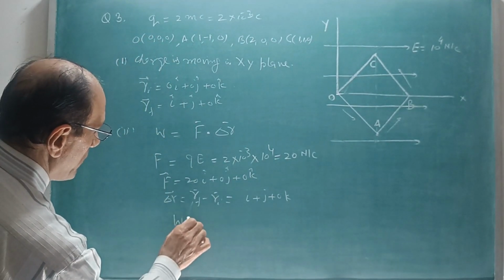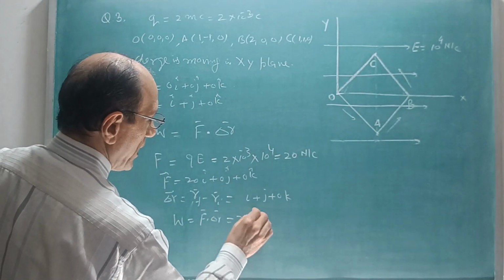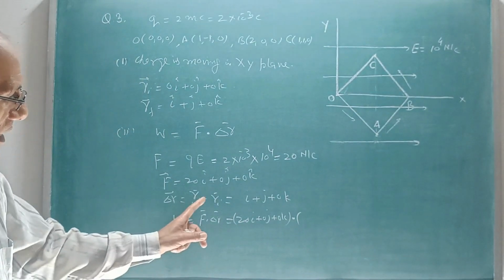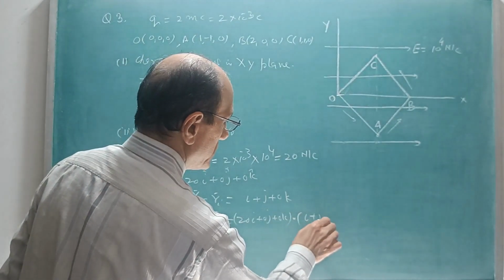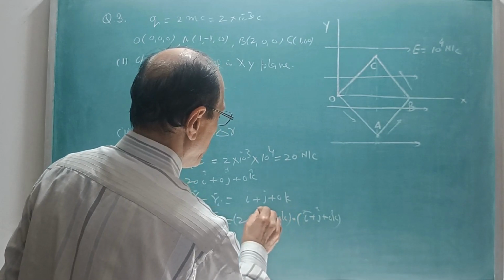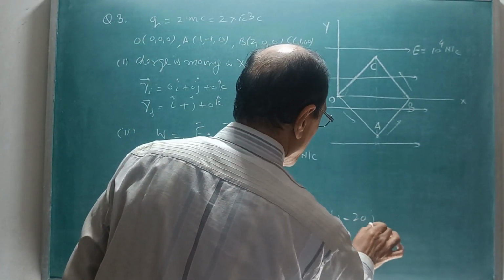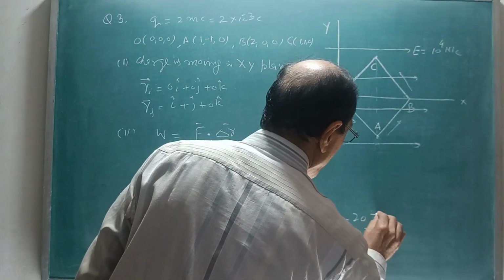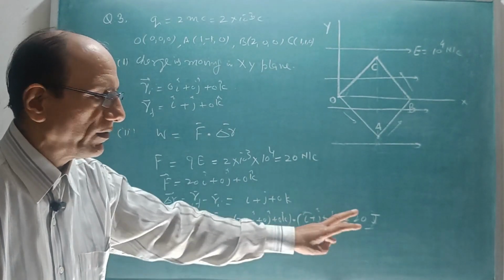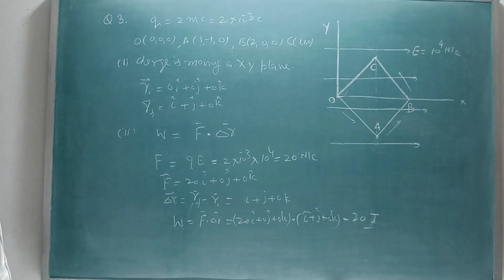Now the work done equals F dot delta R, that is 20i plus 0j plus 0k dot i plus j plus 0k. These are the unit vectors. This into this is 20, and the rest become 0. So the answer is 20 joules, the second part.